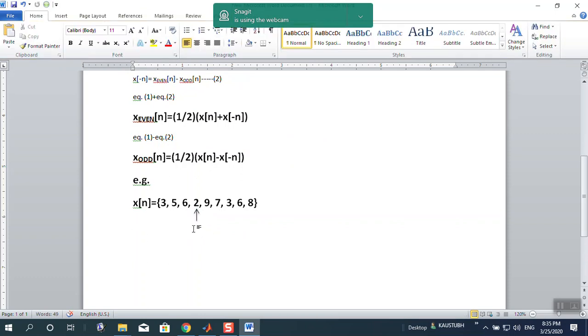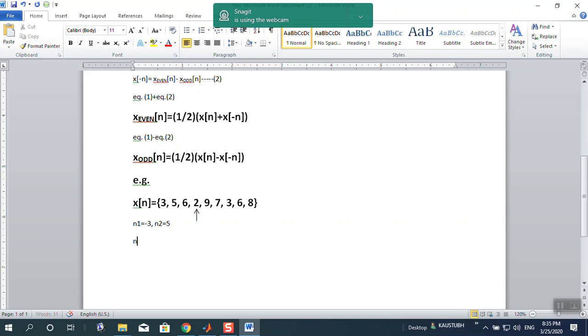So n1 in this example, if this is 0, then minus 1, minus 2, minus 3, so n1 is minus 3, and n2 is 1, 2, 3, 4, 5, so n2 is 5.